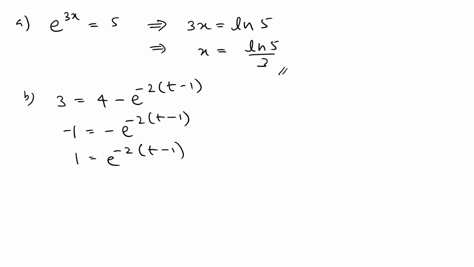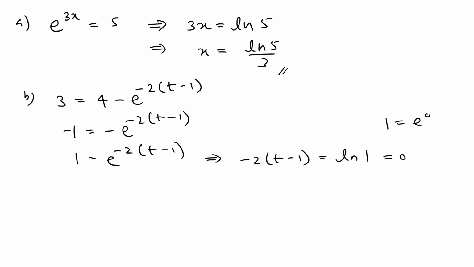So this means that you can write the log form. If you write the log form, you're going to see that the index, that means negative 2 t minus 1, equal, in this case this is e, so that means ln 1. And we know that ln 1 is 0, because 1 is e to the power 0.